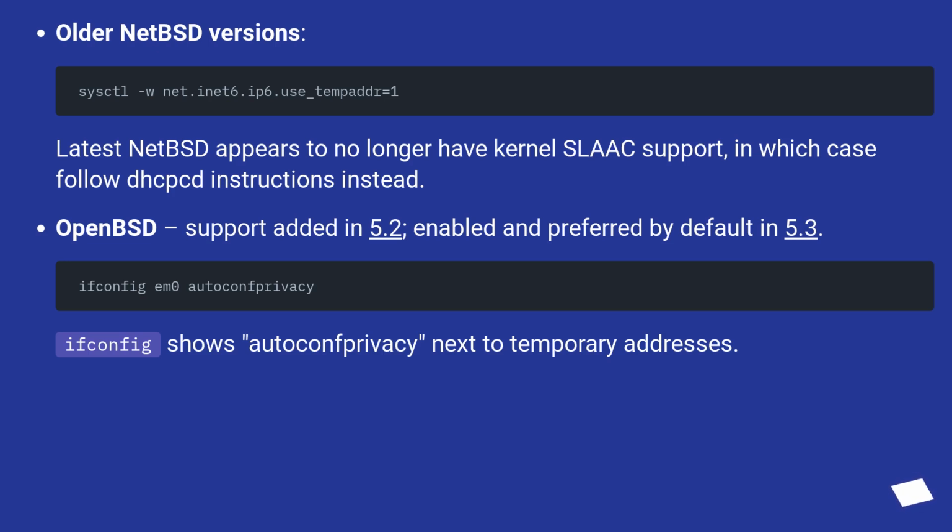Latest NetBSD appears to no longer have kernel support, in which case follow dhcpcd instructions instead. OpenBSD support added in 5.2, enabled and preferred by default in 5.3. ifconfig shows autoconf privacy next to temporary addresses.